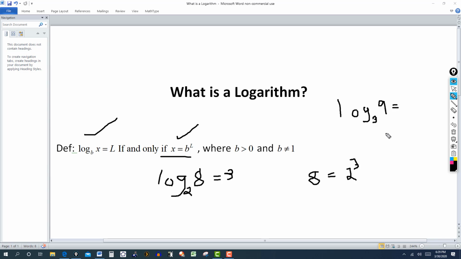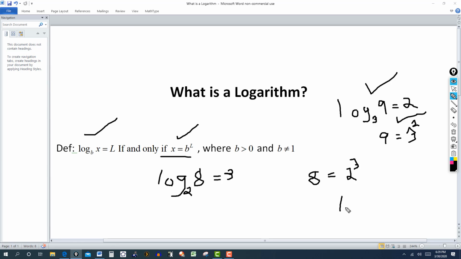So 9 should equal 3 to what power? Well, 3 times 3 is 9, so this should be 2. So this is your logarithmic form. This is your exponential form.